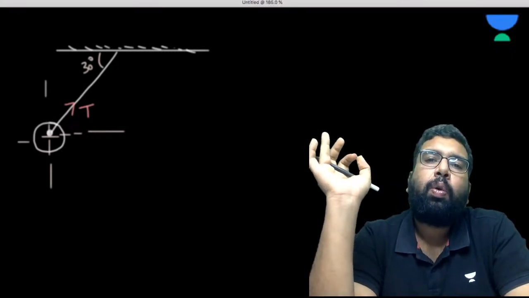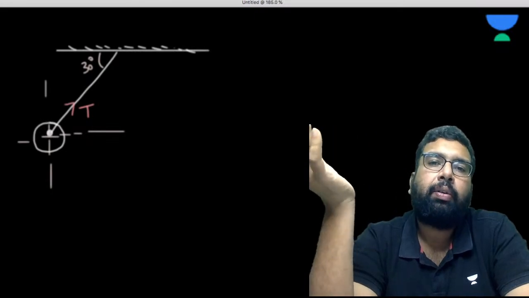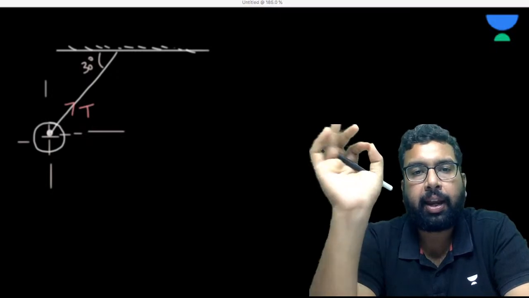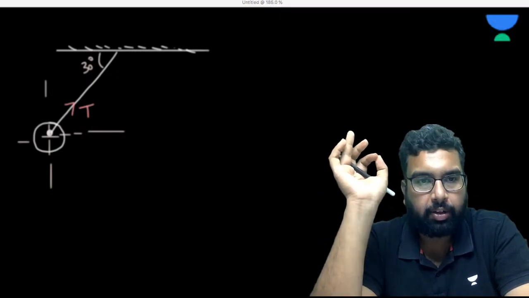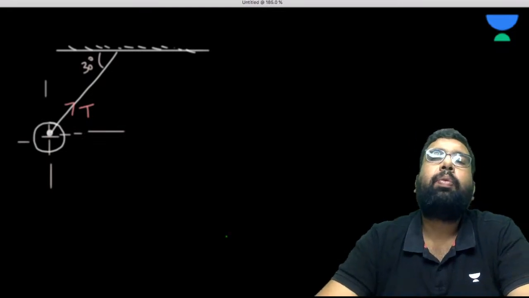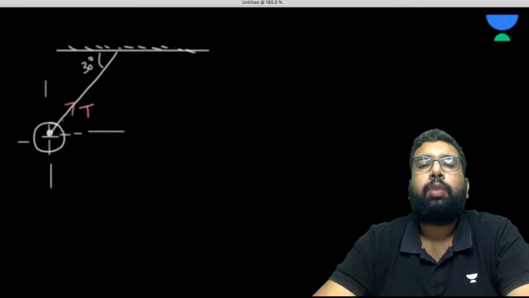So see, sir, please understand this. Whenever you want to resolve a vector, here T is a force, so this is a vector. You must have a clear idea of the direction, of the angle. You need to know the angle between the vector and the axis. So this is 30, this is T. Now this is obviously 30 degrees.